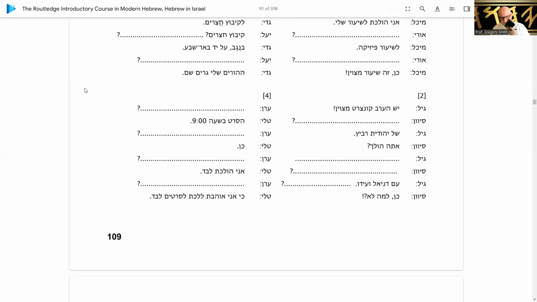Haseret Basha'a Tesha. הסרט 9 בבוקר. Where's the baboker? I don't see any baboker in there. It just says at 9 o'clock.